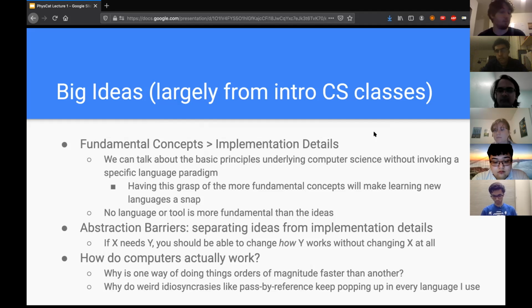So if you've ever worked with Python, you might notice that if you have a list and you pass that list to a function and that function changes the list, then if you access that list later outside the function, the change will carry over. But if you do the same thing with an integer, that doesn't happen. And that probably really confused you when you first learned it.